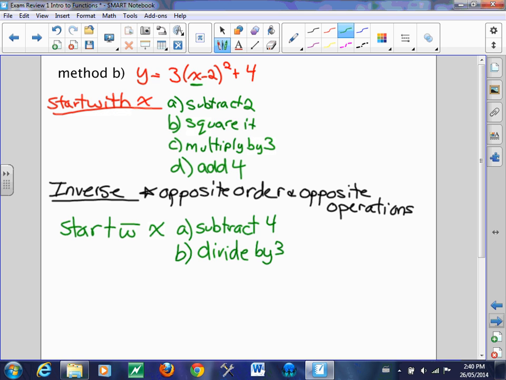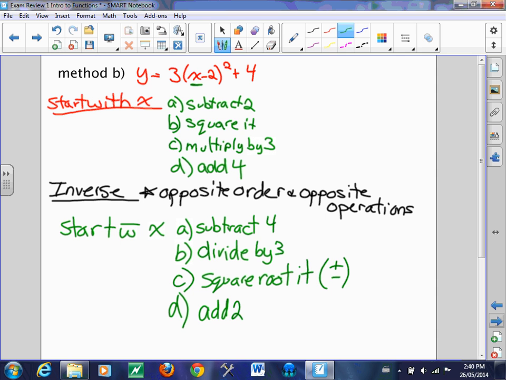Okay. Instead of, for C, instead of squaring it, you got to do the opposite, which is square root it. Don't forget your plus and negative signs. And then D, last thing says, instead of subtracting 2, we're going to add 2.